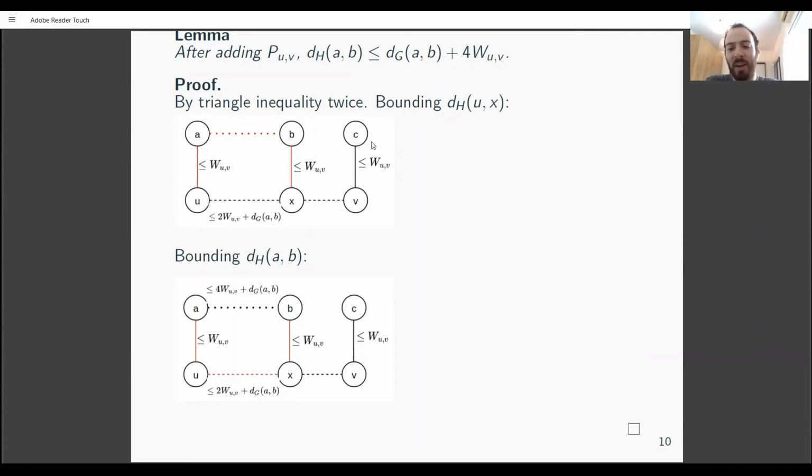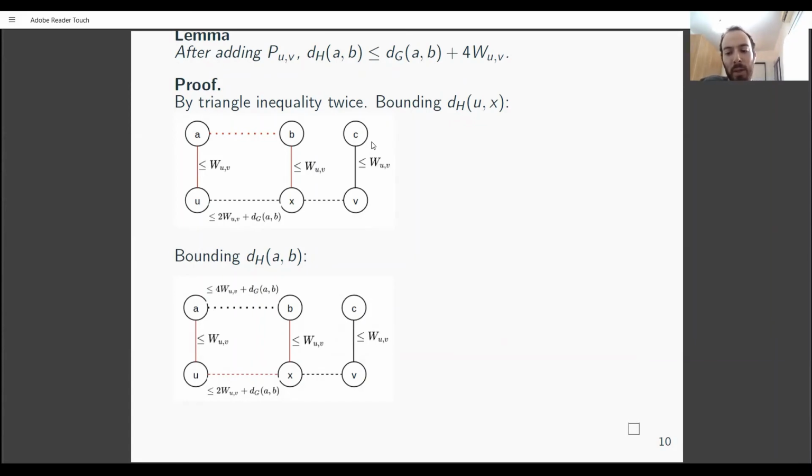Specifically, we'll show that after adding P_UV, again, we assume that P_UV was added to the graph, the distance between A and B in the spanner is less than or equal to the original distance plus 4 W_UV. And we do it by applying the triangle inequality twice, colored in red in our diagrams.